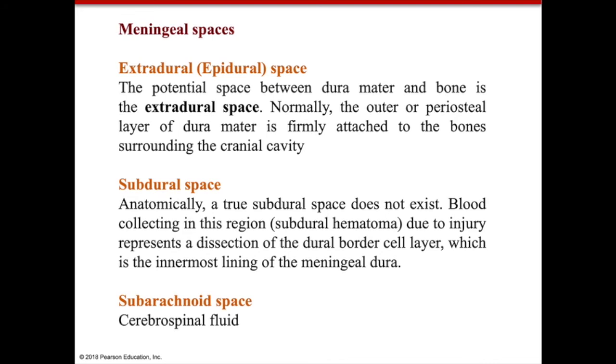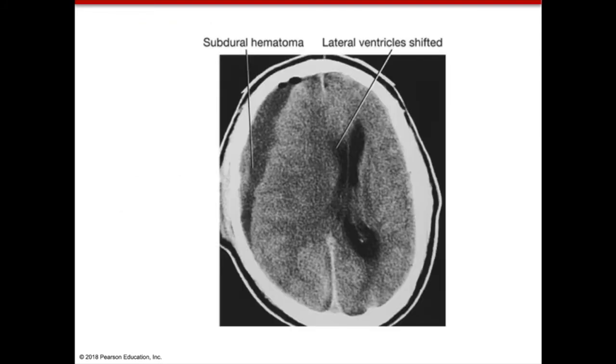So let me show you what a hematoma, an accumulation of blood, looks like in these two spaces. See, a subdural hematoma. There's blood below the dura and the arachnoid. You see these white parts in the middle? That marks the falx. So there's a potential for compression of the hemisphere.